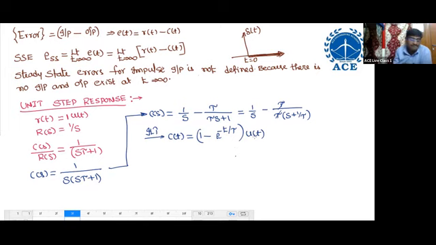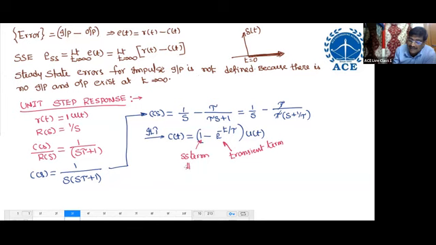Yes or no? Here 1 is a steady state term, and e power minus t by tau is the transient term. Yes or no? So this step, ramp, parabolic response consists of the steady state term as well as the transient term.